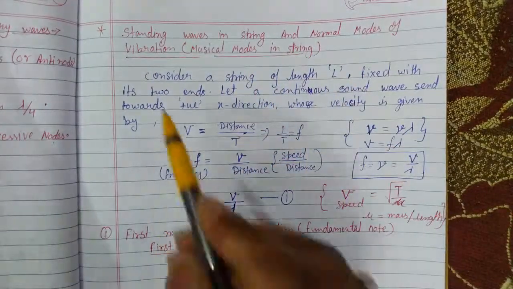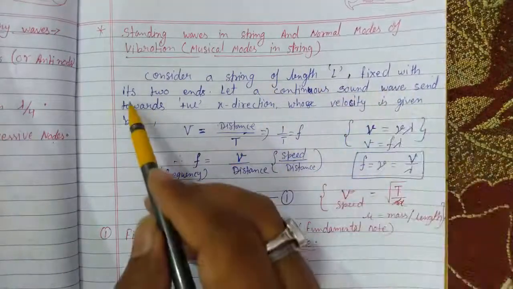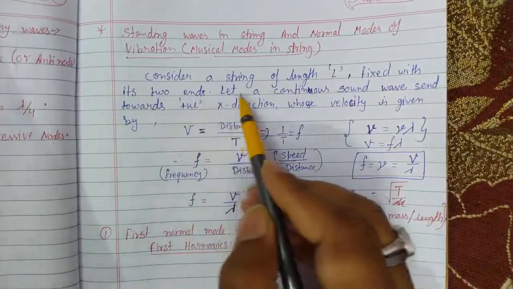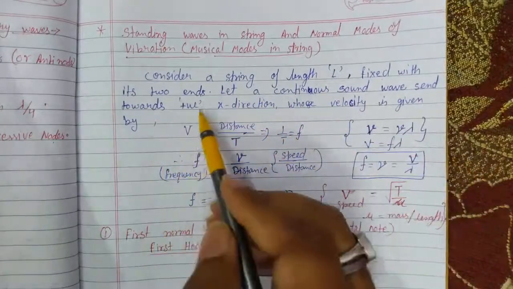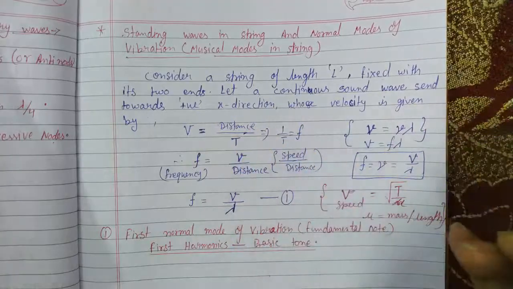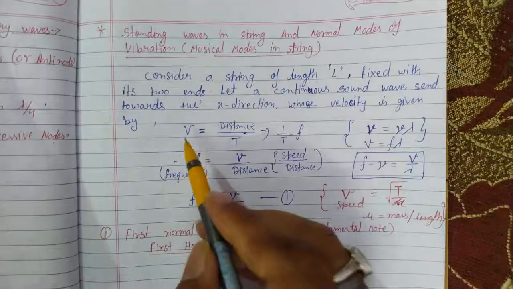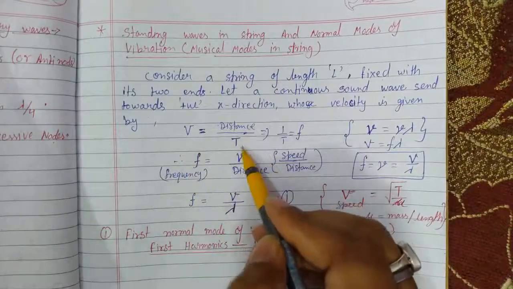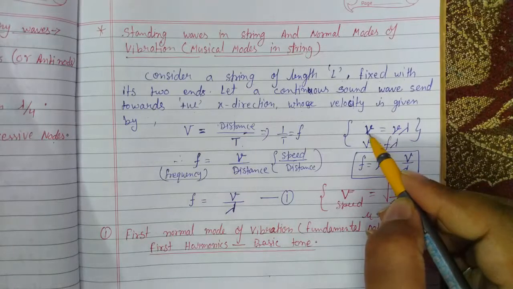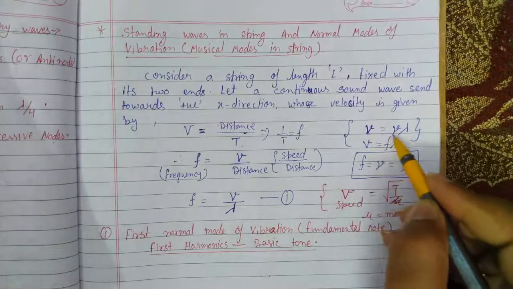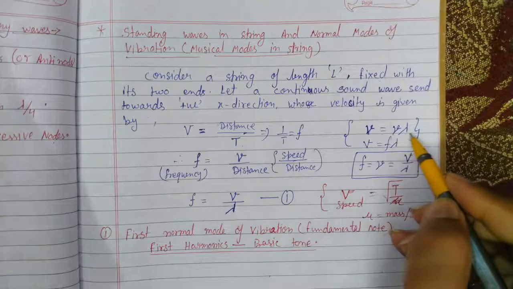Now consider a string of length capital L fixed at its two ends. Let a continuous sound wave be sent towards the positive x direction, or right, whose velocity is given by v equal to distance upon time. Here we have a relation: velocity or speed of sound is equal to nu into lambda, the product of frequency and wavelength.